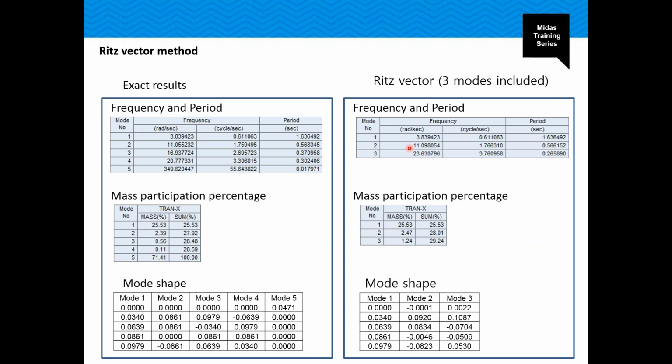In this example, the errors in the frequencies are almost 0% in the first and second modes, but 39% in the third mode. And the errors in the mode shapes are almost 0% in the first mode, 7% in the second mode, and 11% in the third mode. The third mode is so much in error that it may be useless.